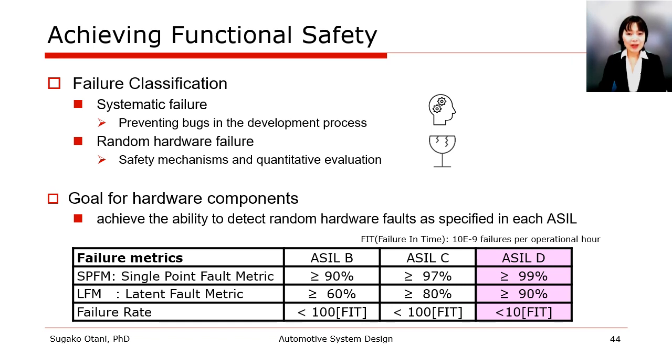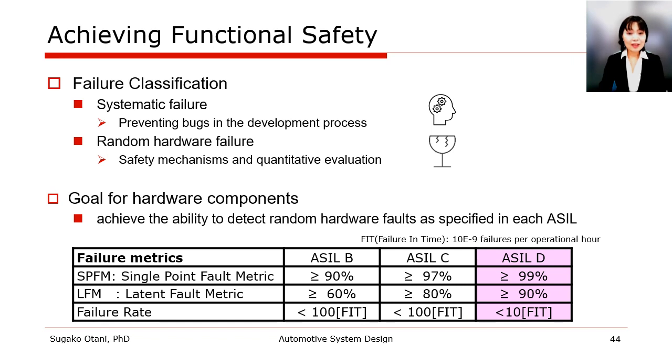Random hardware failures appear during the lifetime of a hardware element and emanate from random defects innate to the process or usage conditions. The concept of functional safety has emerged because it's necessary to make things based on the premise that people make mistakes and things break in order to avoid serious accidents.